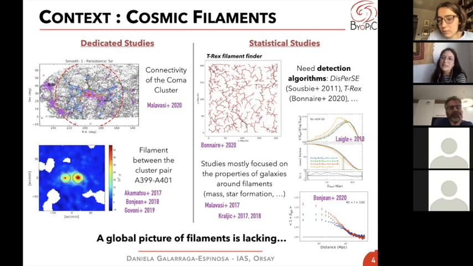So T-Rex has a probabilistic approach to the skeleton. You can have a filament associated with a probability of, okay, this is a true filament or maybe not.